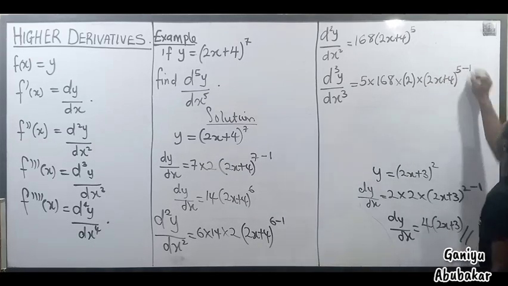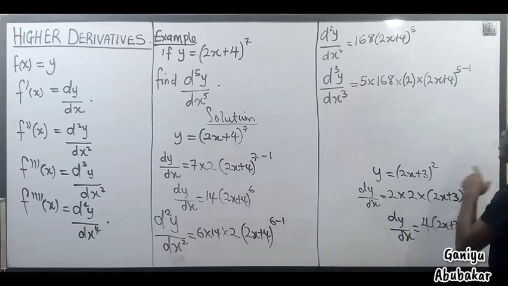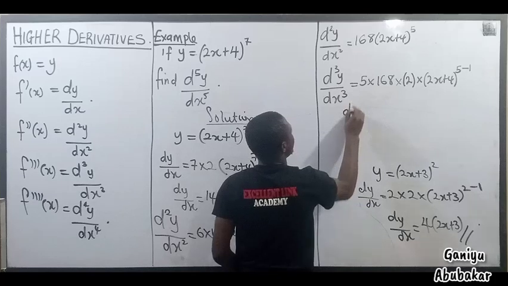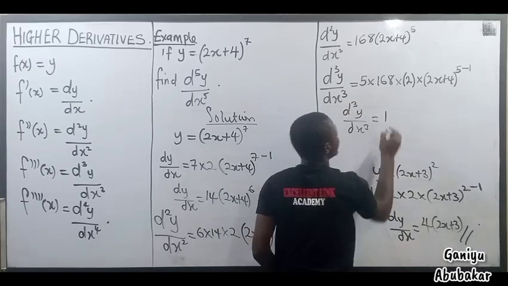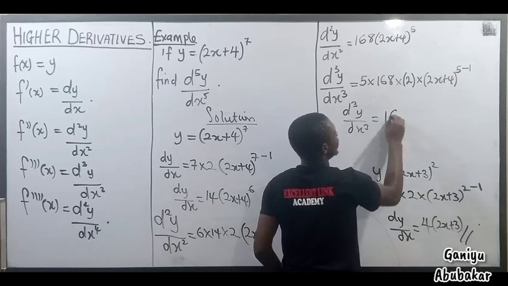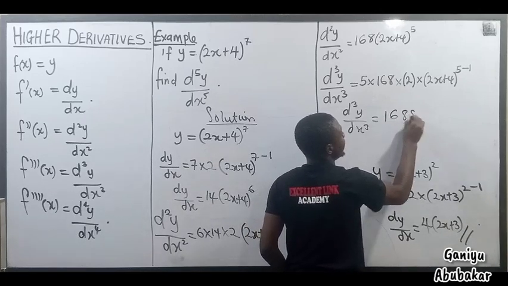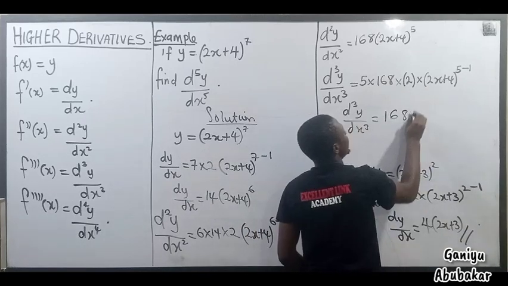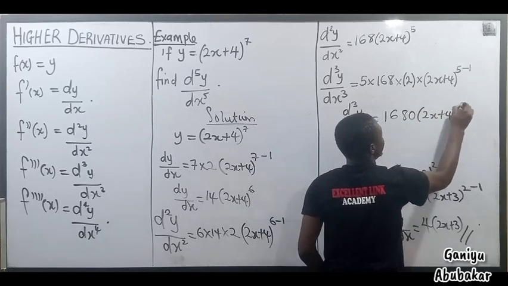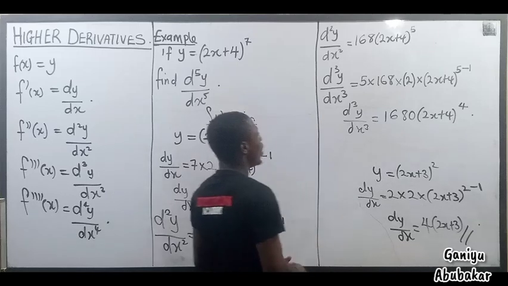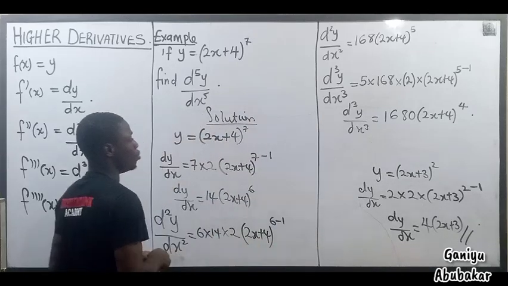Next up, minus 1 from the power, as said earlier. If I multiply all this, the value is 1680. The d³y/dx³ is equal to 1680 into (2x + 4) all to the power 4. This is the value for d³y/dx³.